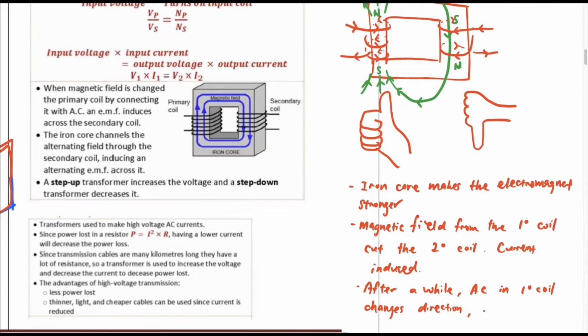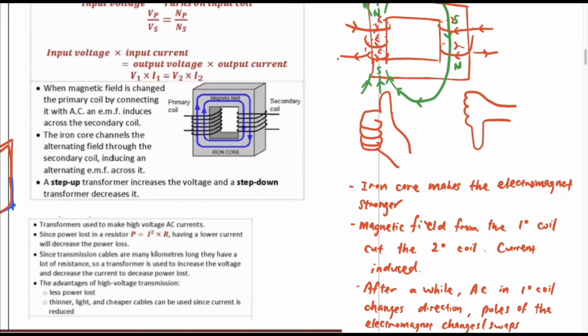So the poles of the electromagnet change or swap.